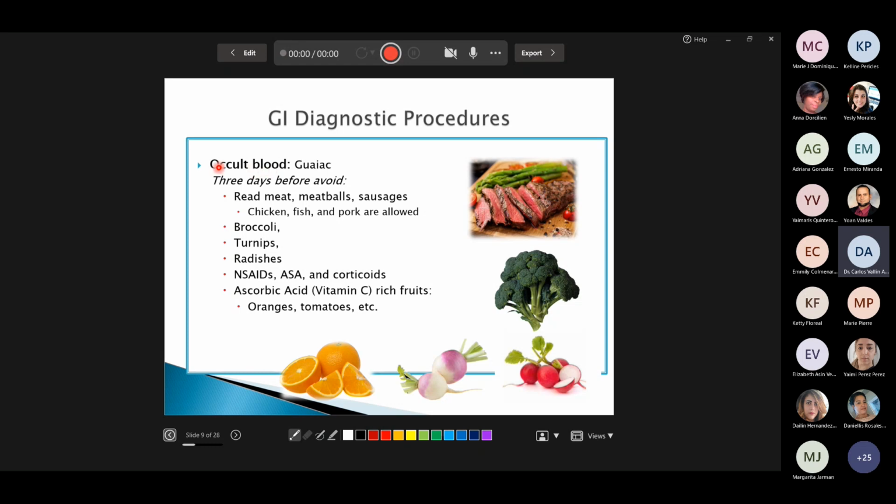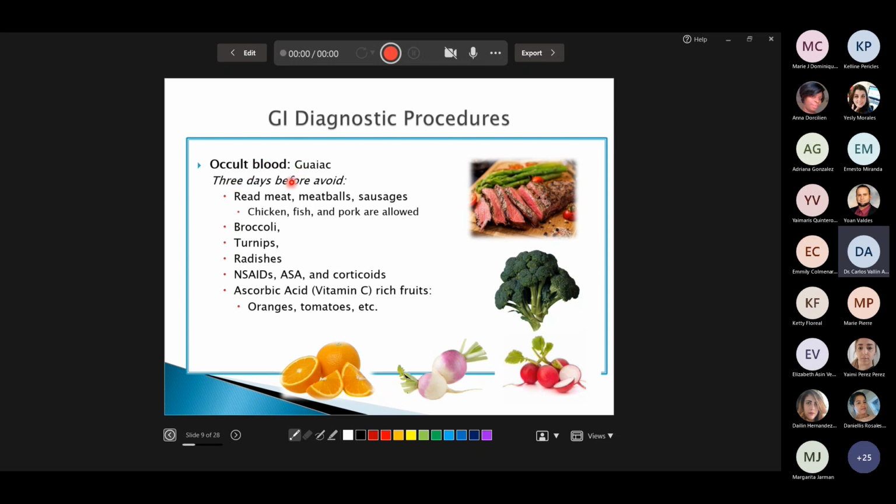It is a very simple test that can diagnose or make you suspect GI bleeding as a complication of treatment with anticoagulants, NSAIDs, or other medications that can produce GI bleeding, or can detect the initial manifestation of colon cancer, the third most common cancer in humans, that is, chronic bleeding. But the bleeding is hidden, mixed with the feces, and you don't see the blood. So for that reason, you investigate fecal occult blood.